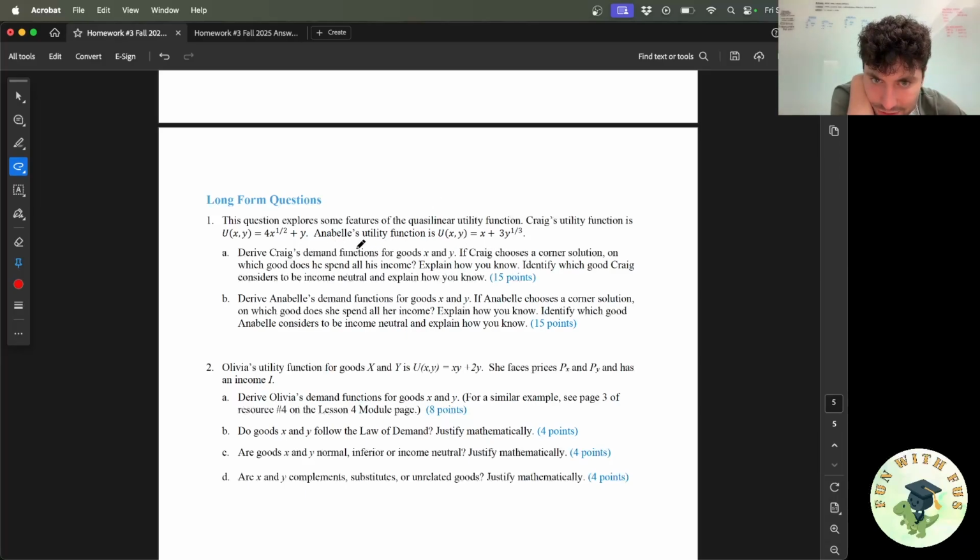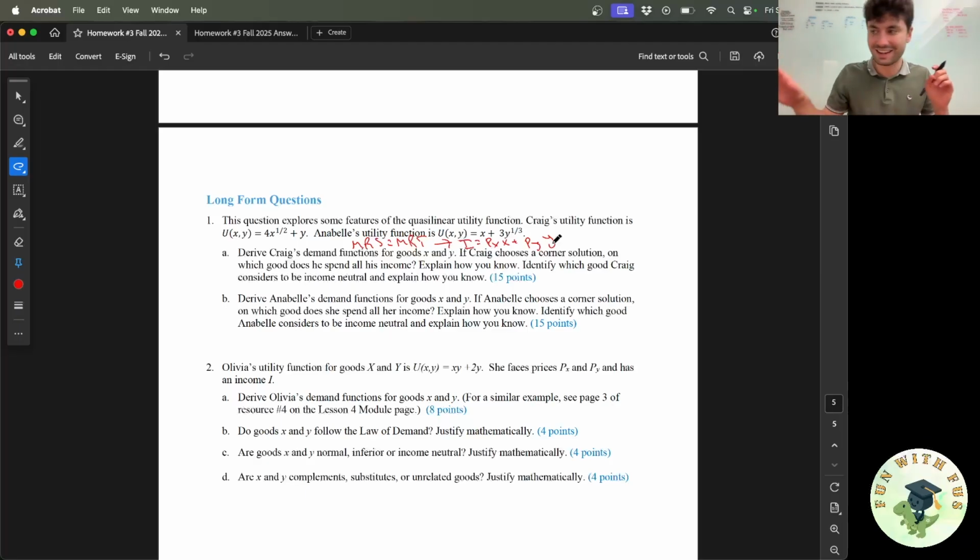So what I would do is first, for this one, I would do MRS equal to MRT, and then I would plug into our income equals price of X plus price of Y.